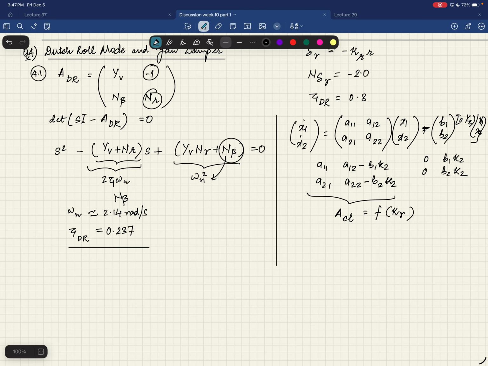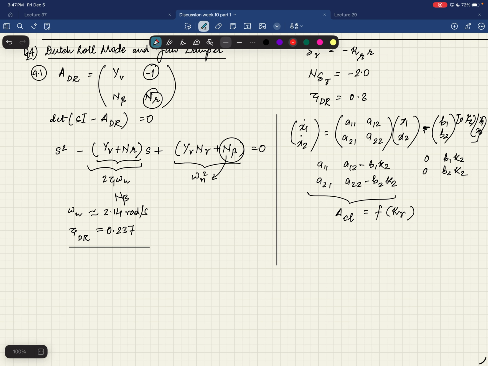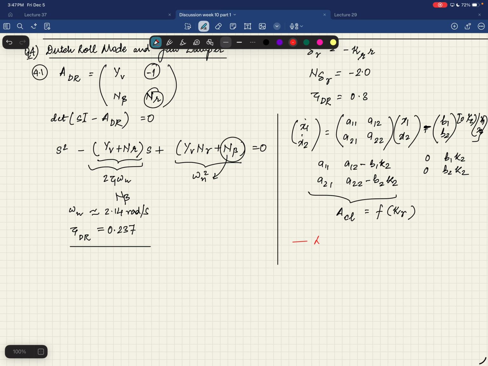Its characteristic polynomial will turn out to contain kr, and then you have to target to get zeta 0.3, that will give you the value of kr. Okay, but what will it show you? That the natural frequency has changed. Your task is to go and see and answer for yourself, does omega n change a lot? And see for yourself what happens.